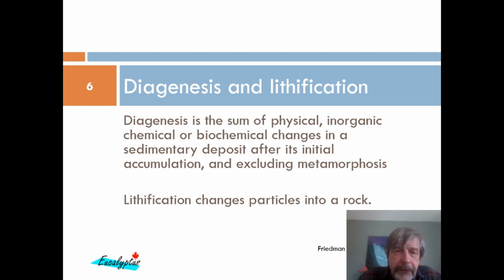And then we have another term that geologists often use, and that is lithification. When a rock is glued or cemented together into a solid entity instead of loose particles, then we call that lithification, changing loose particles into a rock.